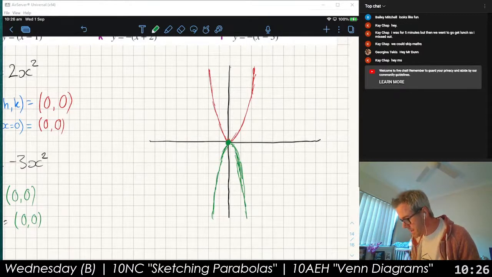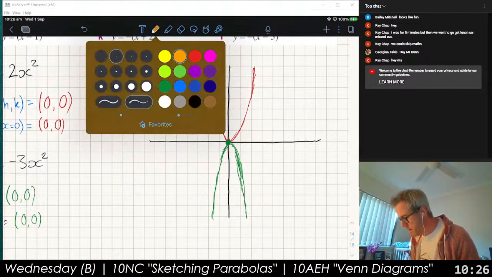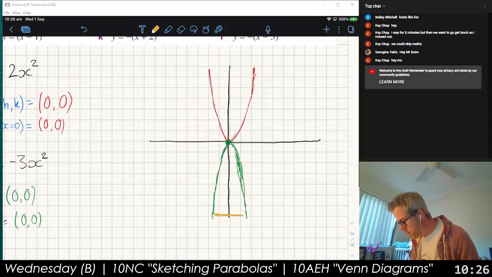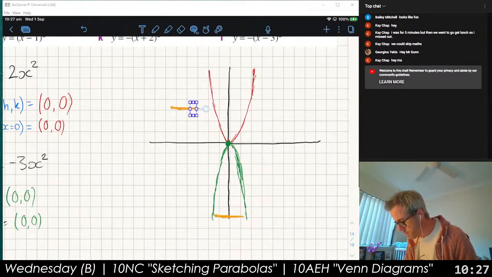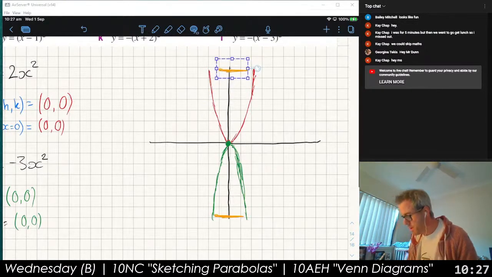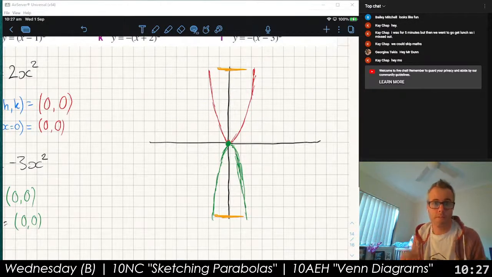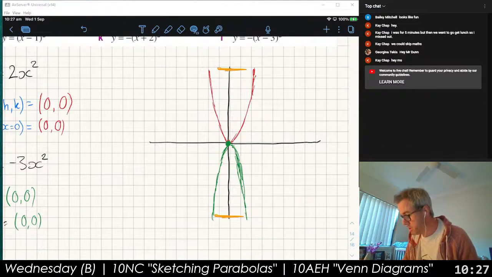You can see that the dilation I've done there is probably slightly more narrow than what's... Let's actually test it. Let's copy that. Copy, paste. Let's move you. Yeah, so there you go. You can see the dilation is definitely much more narrow than my 2 there.